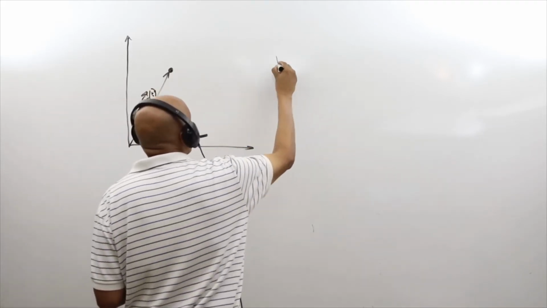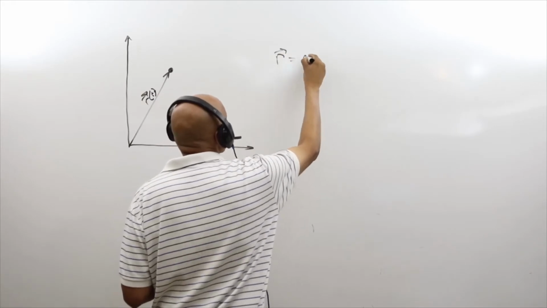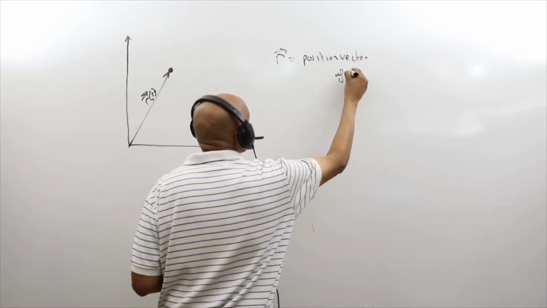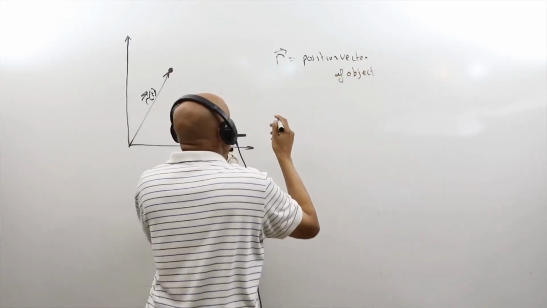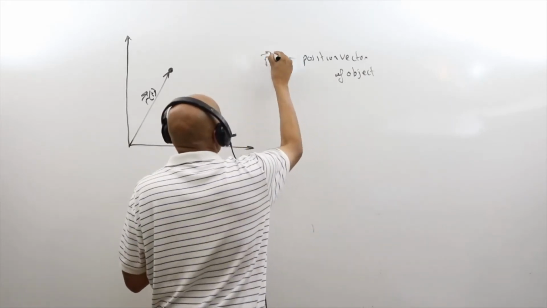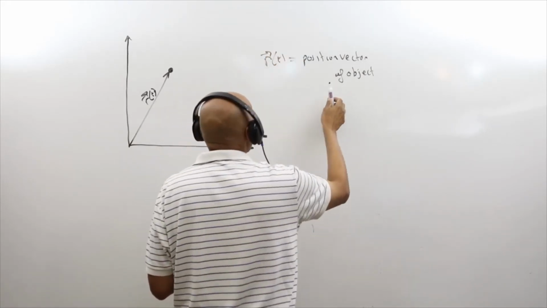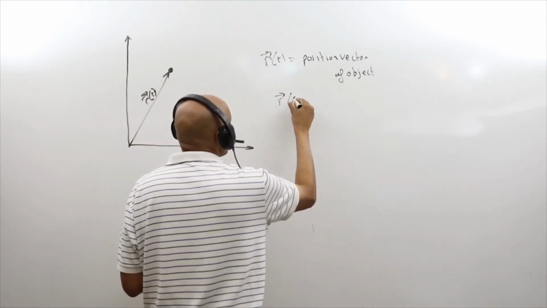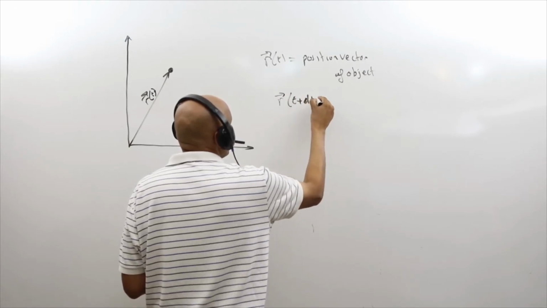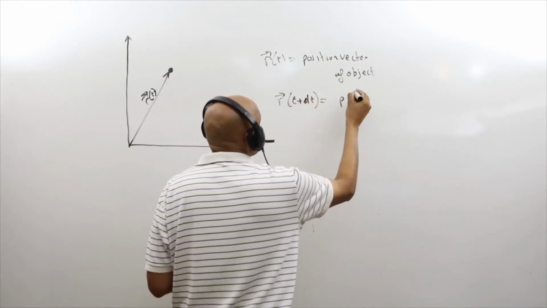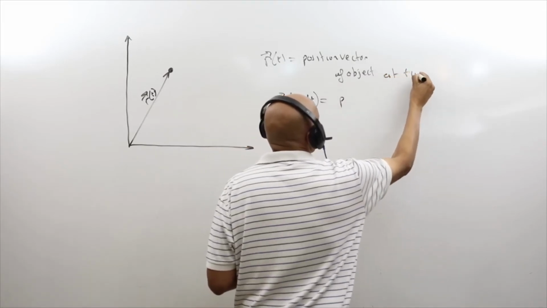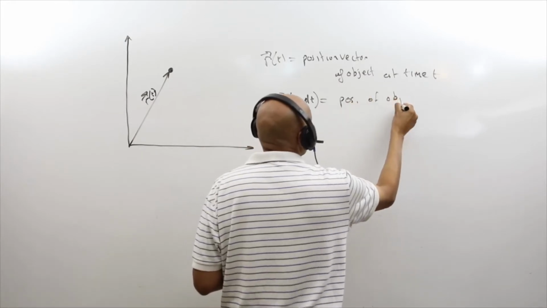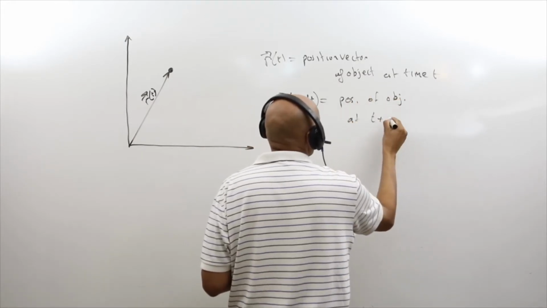I'm using r to represent the radial vector or the position vector. Specifically, r at t means that at time t the position vector points to an object, and at some time later, t plus dt, we'll get used to differentials, this is the position of the object at t plus dt.